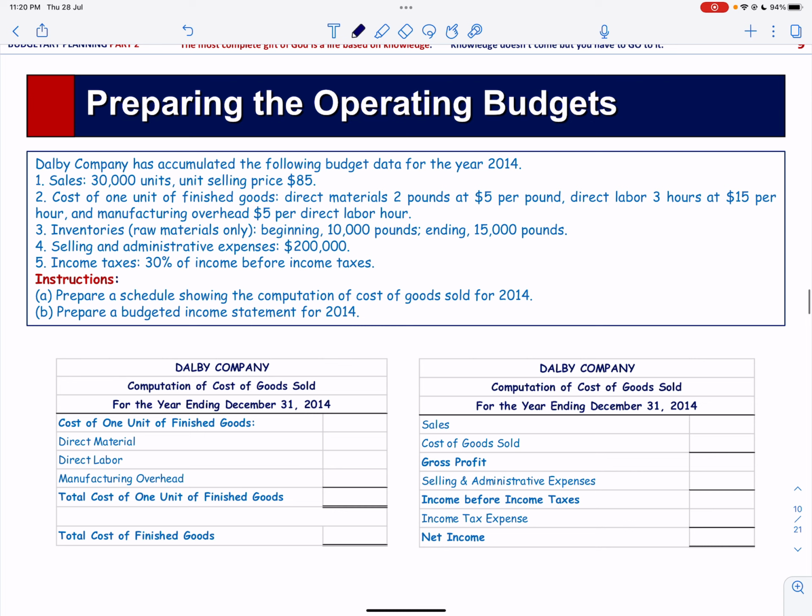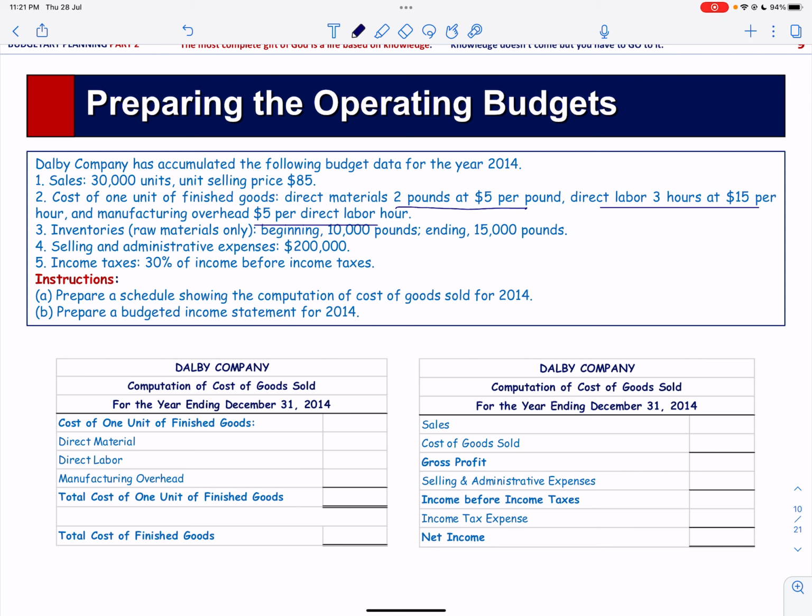Let us look into another illustration. Dalby Company has accumulated the following budget data for the year 2014. Sales is 30,000 units. Unit selling price is 85. The cost of 1 unit of finished goods: direct material 2 pounds at the rate of 5 per pound, direct labor 3 hours at the rate of 15 per hour, and manufacturing overhead of 5 per direct labor hour.